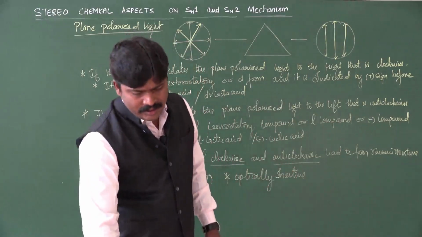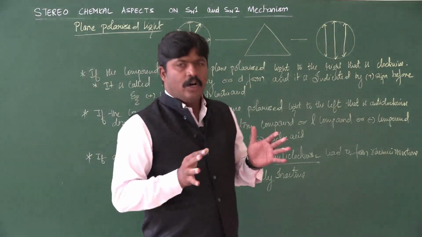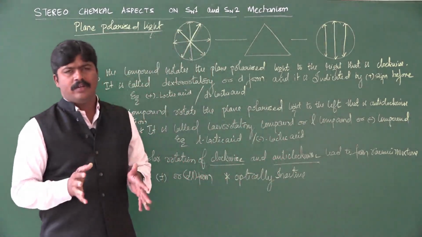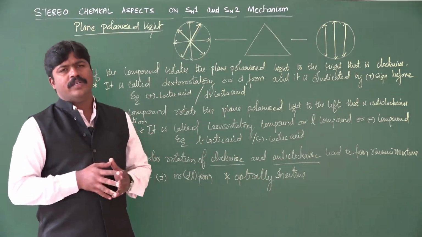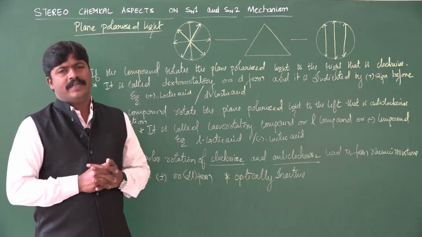Okay. So, this is how we are trying to characterize the organic compound which rotates clockwise, dextro-rotatory, anti-clockwise, levo-rotatory. If it rotates equally on both the sides, it is called as racemic mixture.